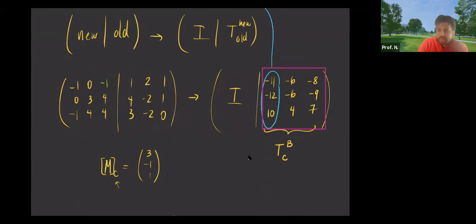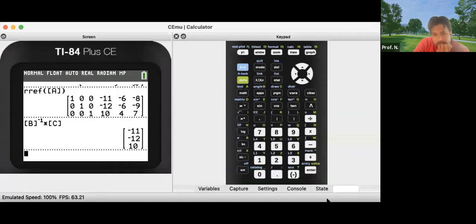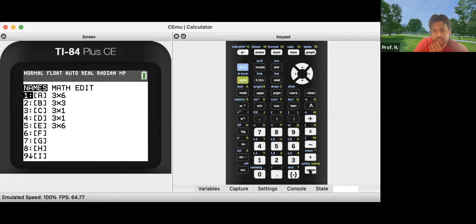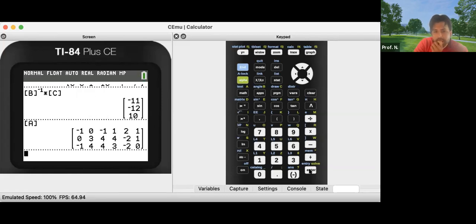submatrix. How did I do this on the calculator? I did it here. I took the matrix A. Look what I did. Hopefully you start to see how significant these numbers are. They're not just numbers, they're the column vectors.